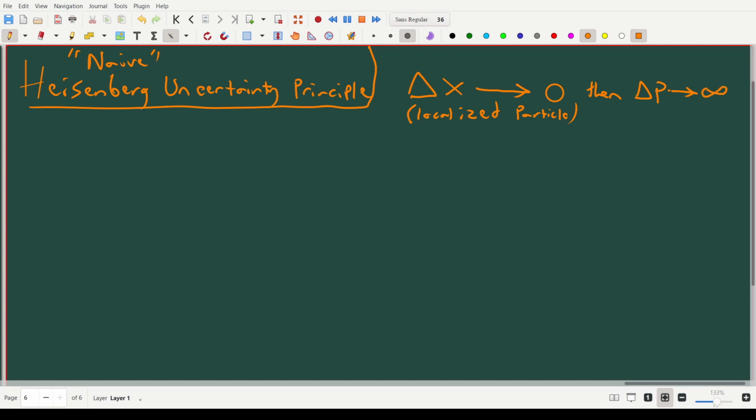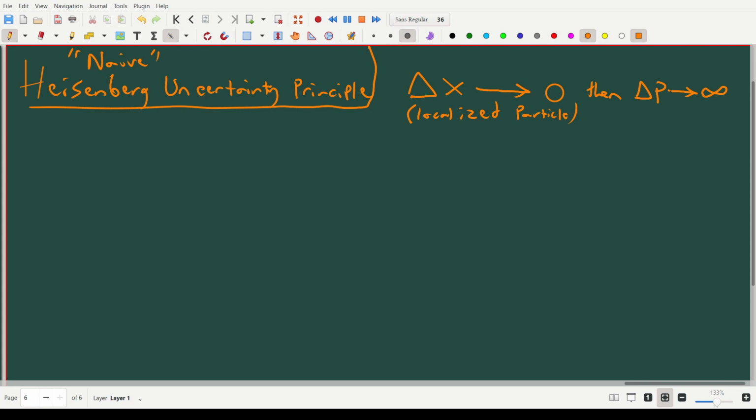So the more I know about the particle's position, the less I know about its momentum, how it moves, and vice versa. If delta x, your error in position, goes to 0, then delta p, your error in momentum, goes to infinity. And vice versa.